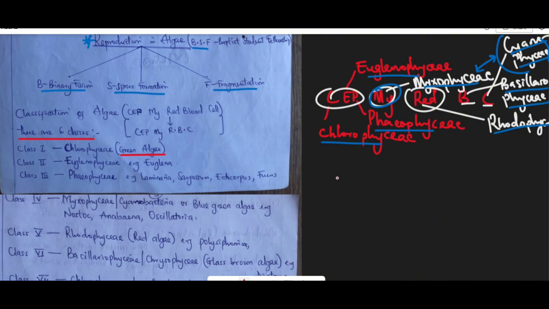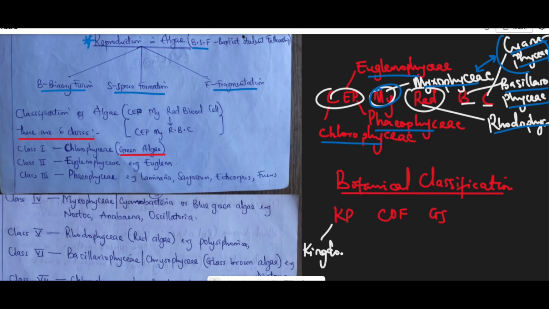Now, take note of something. There's something we call botanical classification of living things. This botanical classification has a particular acronym, KPCOFGS. The K means kingdom, and P means phylum.